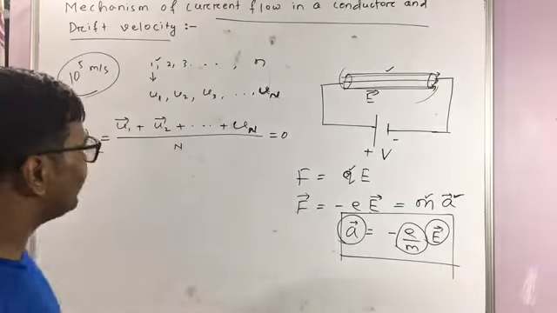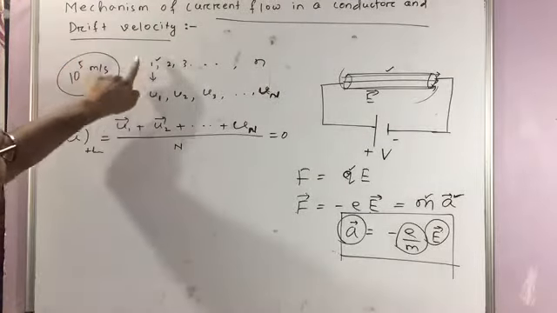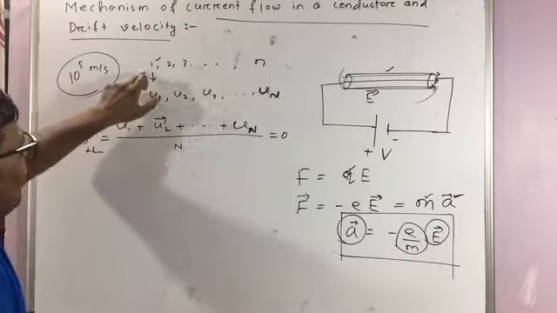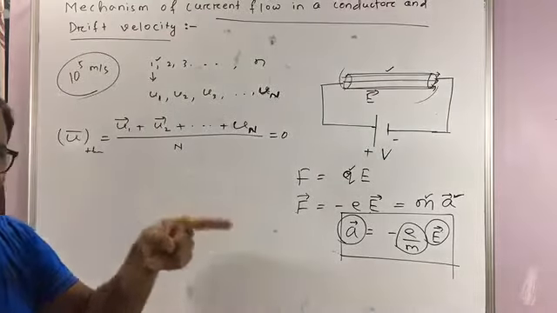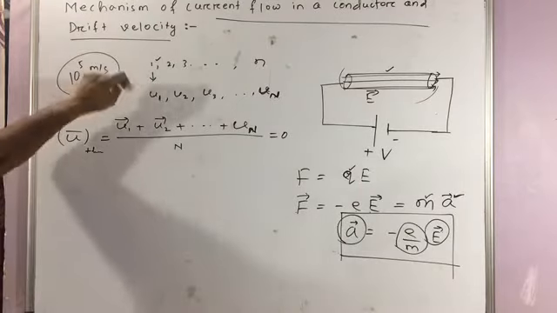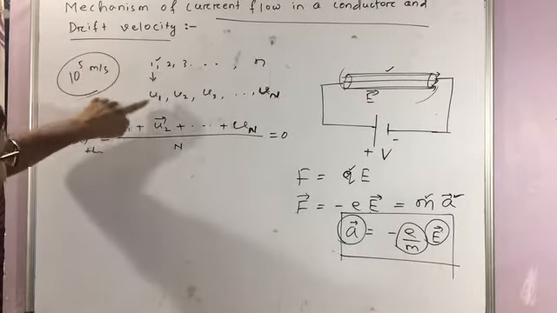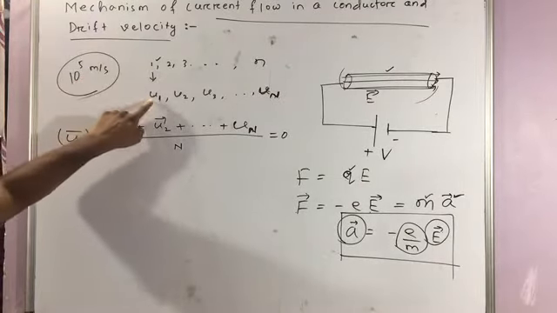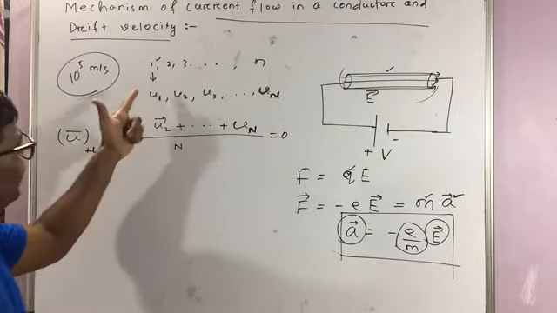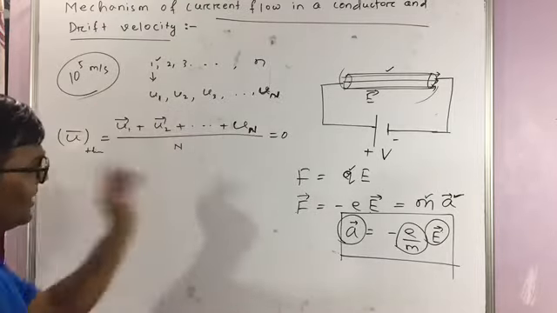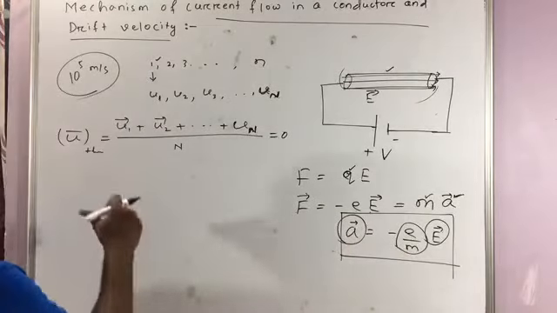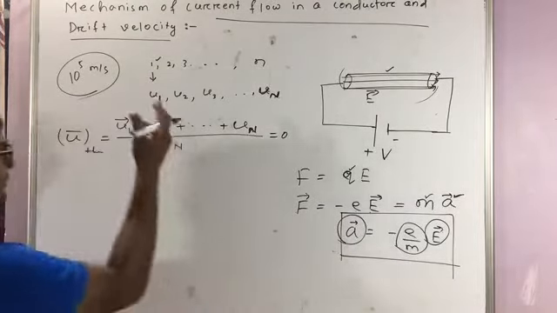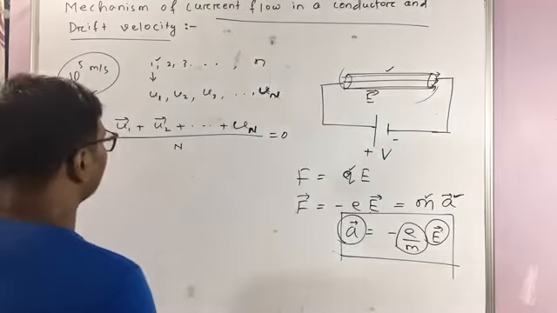Yes? So now, suppose these are the number of electrons: 1, 2, 3, 4, 5, 6. Suppose you are noticing one electron particularly. The electron's velocity at a particular instant of time is u1, and its velocity will gradually increase because of this acceleration. Now, since the acceleration is constant, we can apply the equation of motion here.